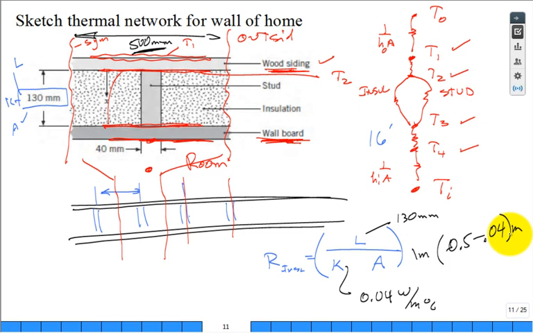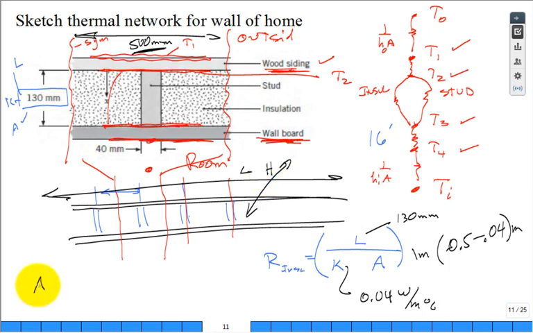All right, let's say I do it for the whole wall. Well, then what you need to do is say, hey, for the whole wall, what is my length? And then I'm going to try and show it this way. What is my height for the whole wall? Wouldn't that give me the whole area? So if I was going to say, what's the area for the insulation? I would say, give me the whole area for the wall, and then subtract off the area for the studs. Okay?